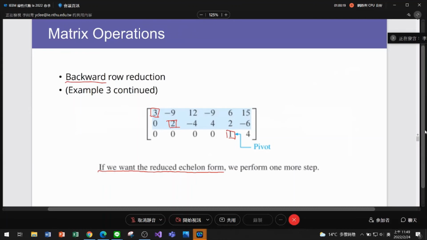What we did to reach an echelon form is called forward row operations, a forward row reduction. Now we are going to do backward row reduction. And the goal is to make these all 1. Okay, this is already 1. And then make this 0. Make these 2 0. Okay.